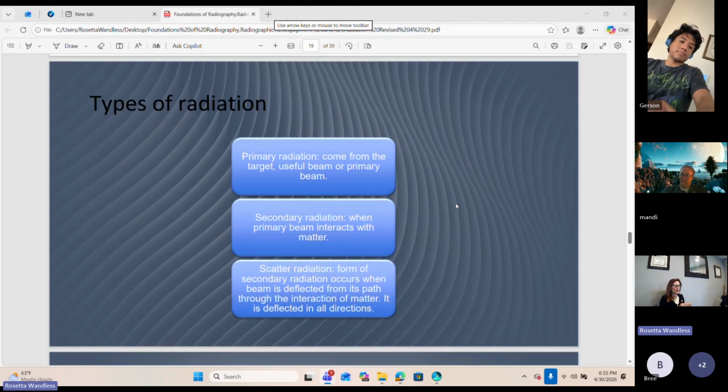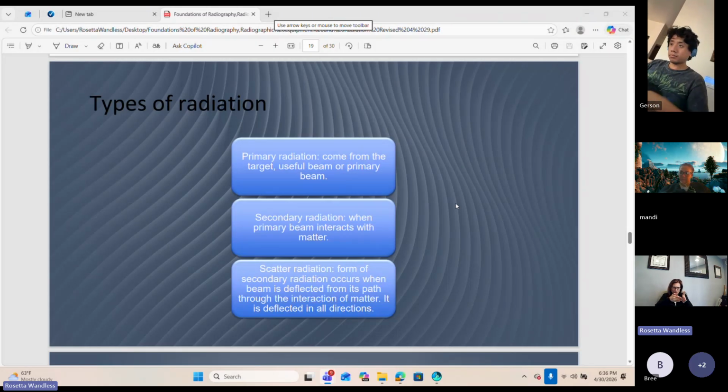So that's when the primary beam interacts with matter, whether it's us, whether it's a lead apron, whether it's wood, whether it's a book, it doesn't matter. But for our purposes, the moment that the primary radiation interacts with our tissues or the patient, it becomes secondary radiation. Now, a form or the auxiliary of secondary radiation is scatter radiation. Scatter radiation occurs once that main beam, secondary radiation, touches matter.